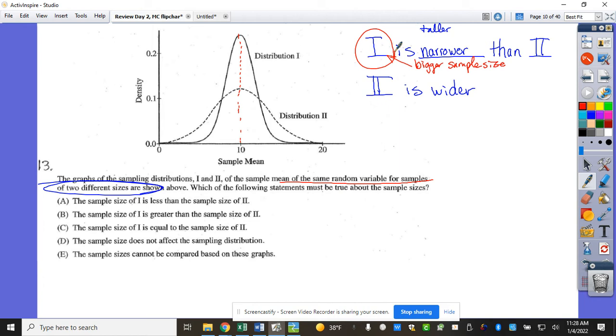So all these are talking about sample size. They're not equal. It's the only thing that changed, and the distributions aren't equal. Definitely does affect it. It definitely can be compared. So that means sample size of 1 is greater than the sample size of 2. And that's a very straightforward question, and that's kind of why that one concerns me more.